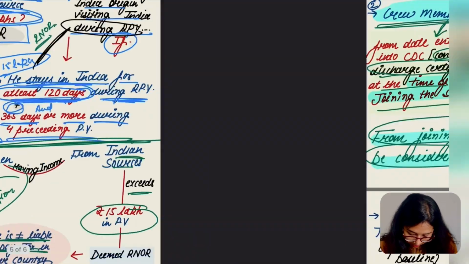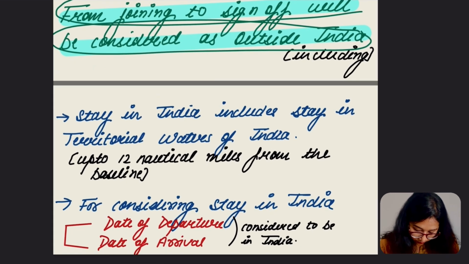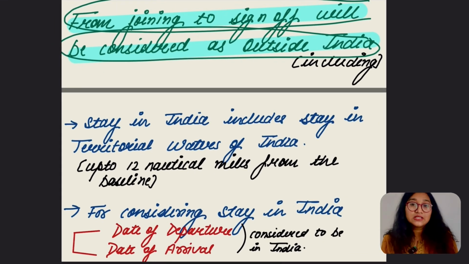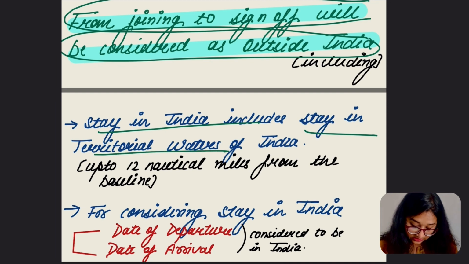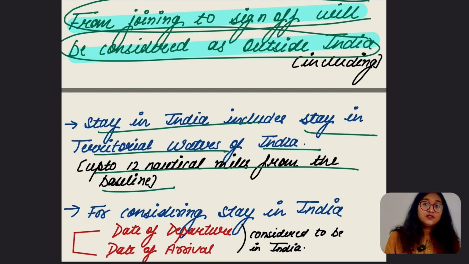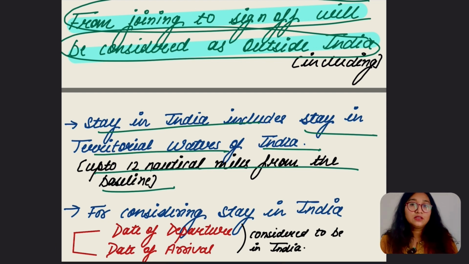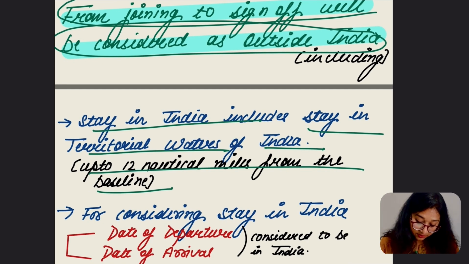Now let's go for some other things which are written here. If a person stays in India, it includes stay in territorial water of India up to 12 nautical miles from the baseline. For identifying the residential status of an individual, we are also going to take the person if he is staying in territorial water of India.